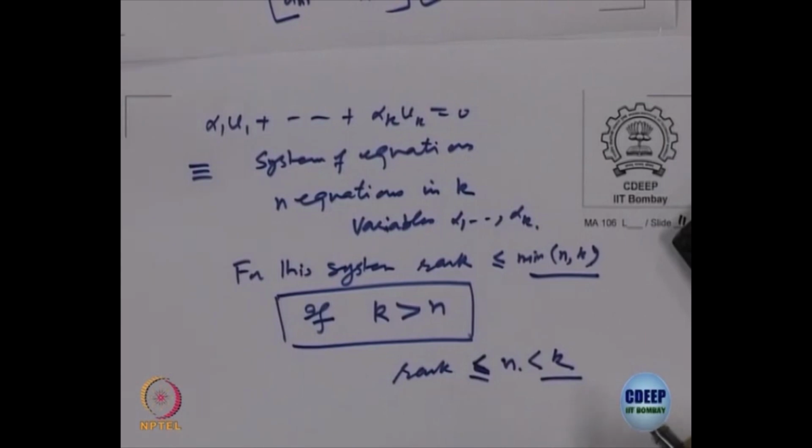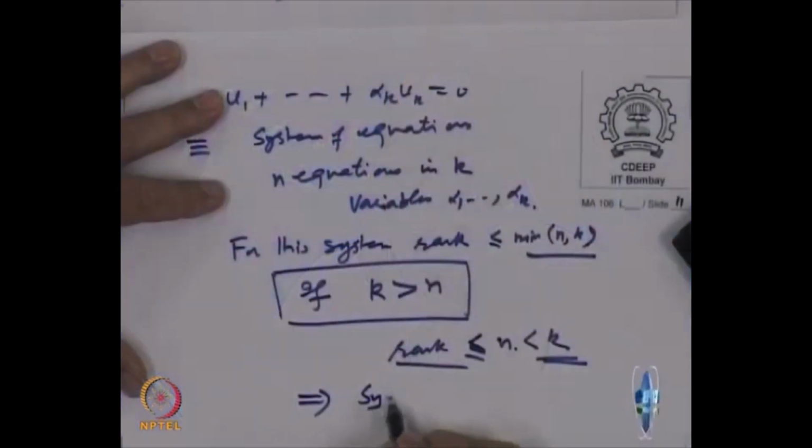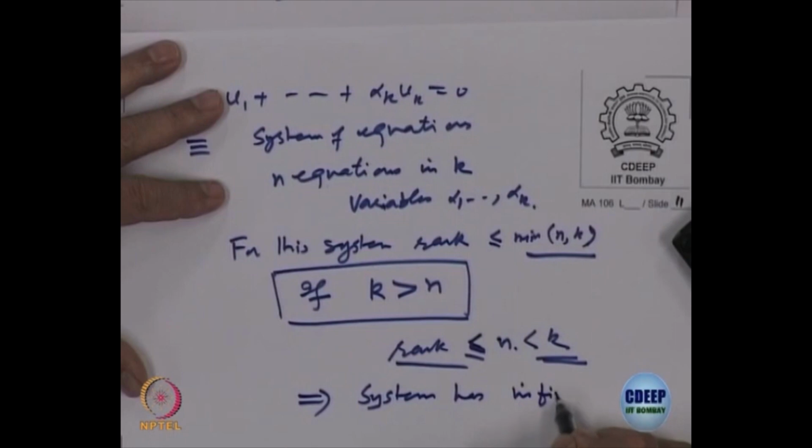There are k variables, alpha 1 to alpha k, and the rank is strictly less than k. So the system of equations is consistent with an infinite number of solutions when the rank is strictly less than k. This implies the system has infinite solutions.